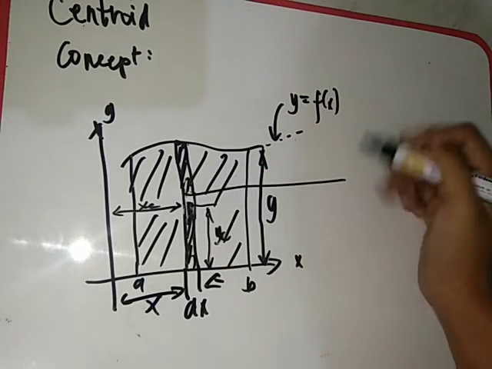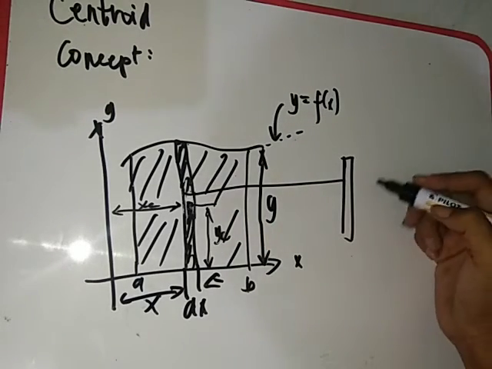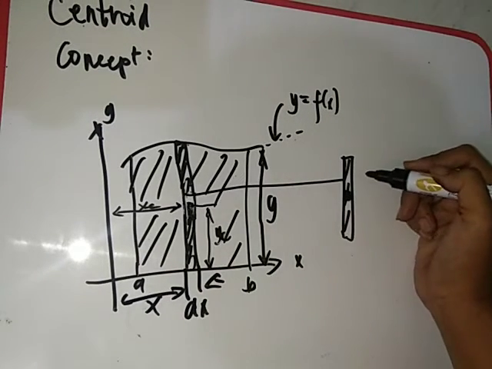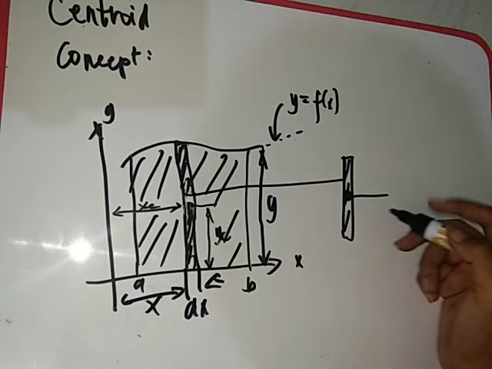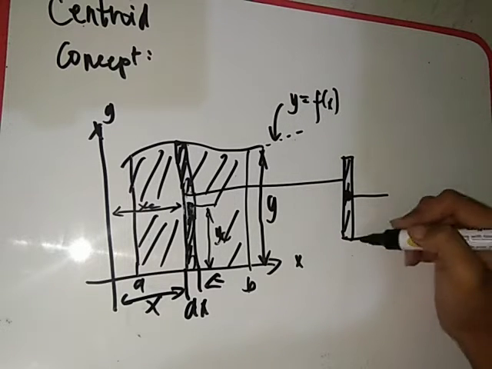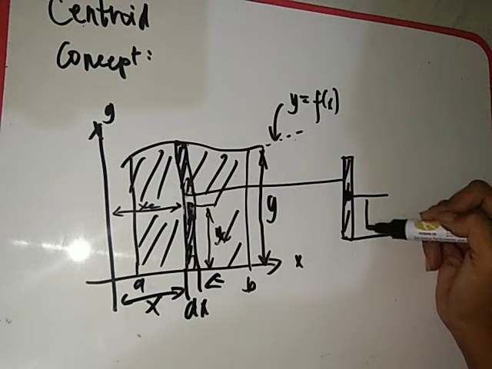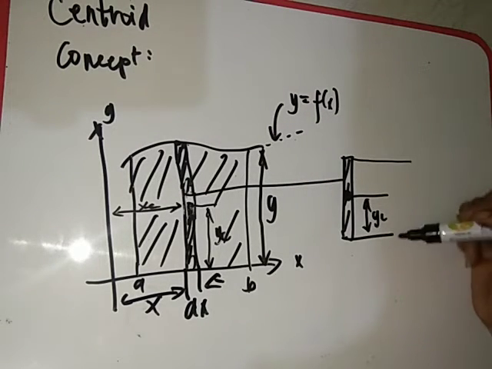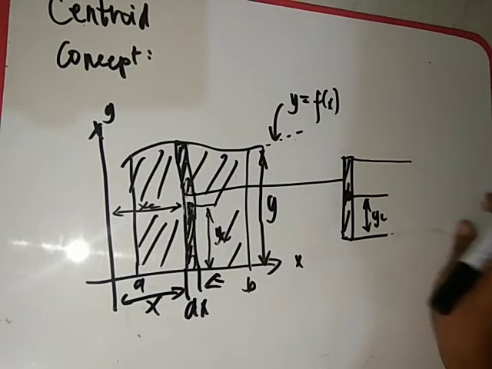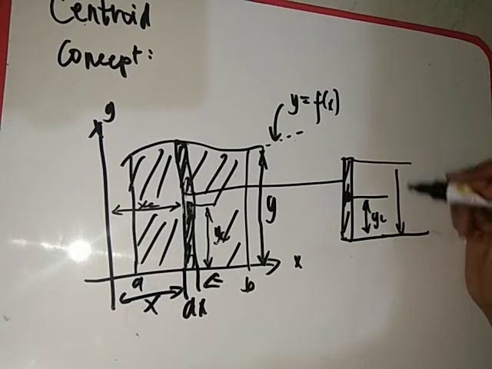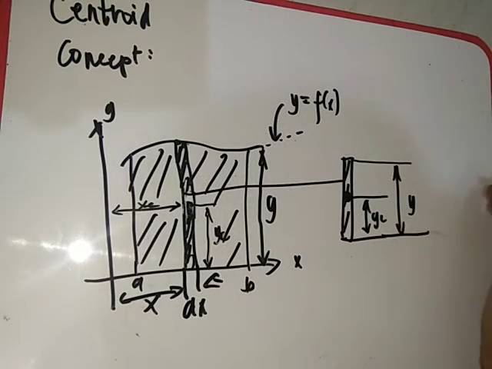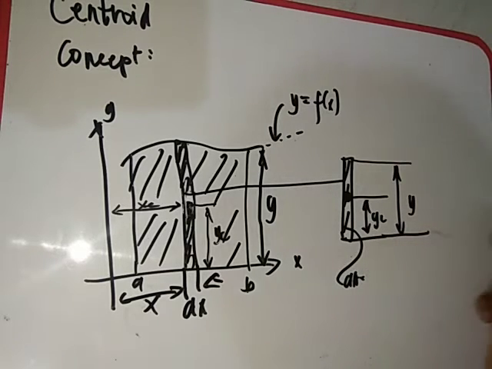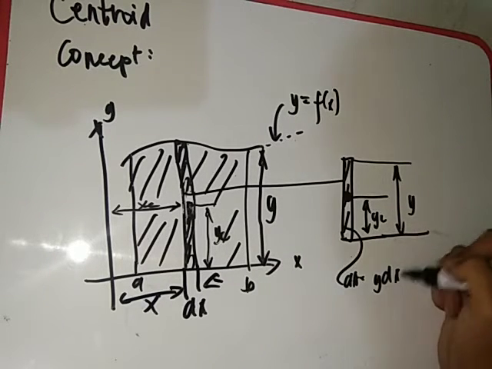So if we remove this, this is the centroid. The height from the centroid going down is the YC, and the height of the strip is the Y, and then the area of this is the A. Differential area is equal to y dx.